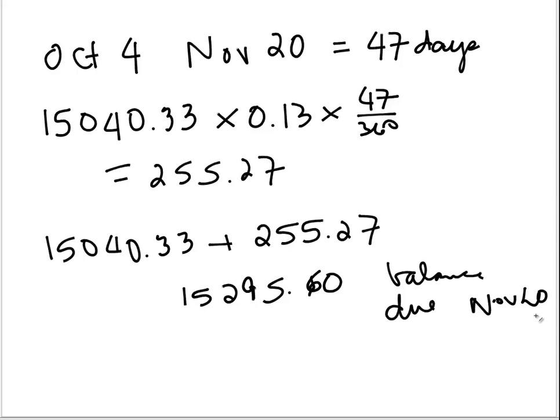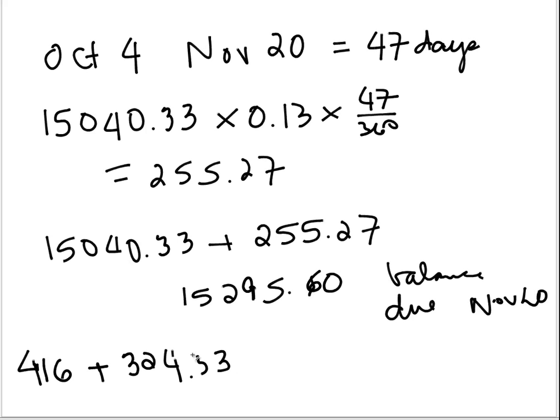Okay? The last part of the question asks, how much interest did we pay in total? All you have to do is backtrack. Before we made our first partial payment, we owed $416 in interest. At the time that we made our second partial payment, we owed $324.33 in interest.